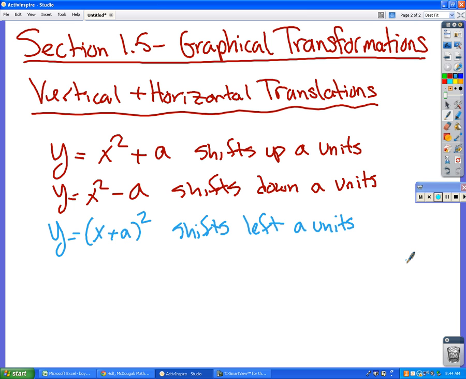Because recall that when the translation is inside the parentheses, it shifts it the opposite direction of the sign. So plus a moves it to the left. And if I wrote minus a, then that would shift it to the right.